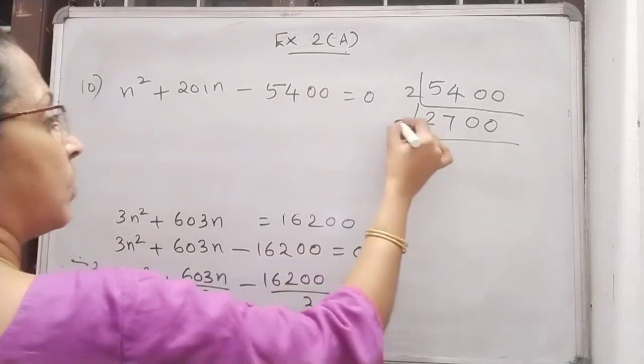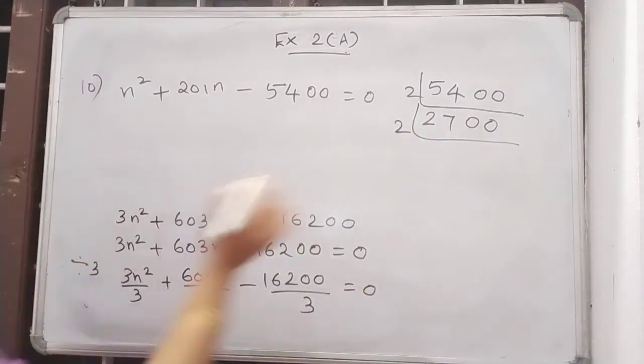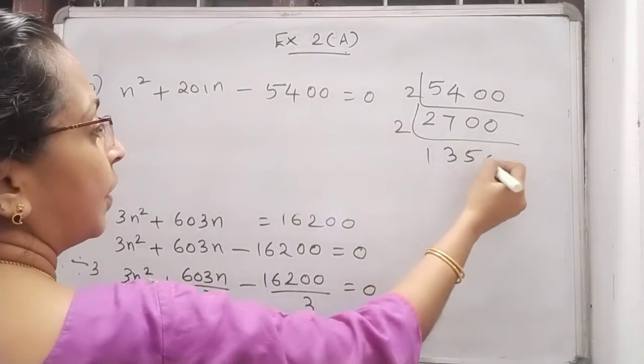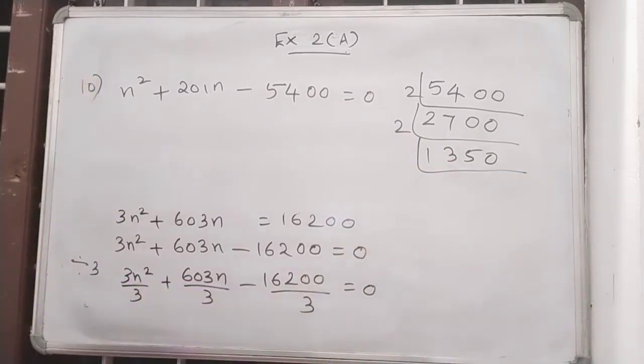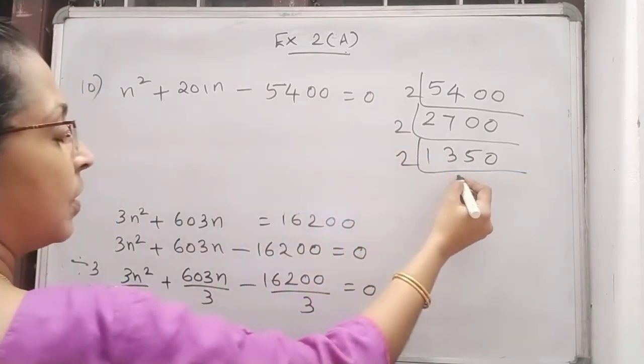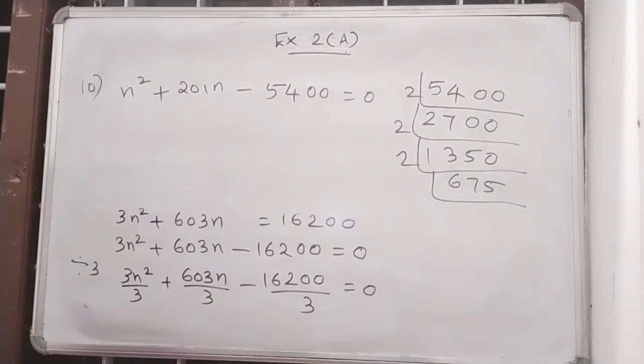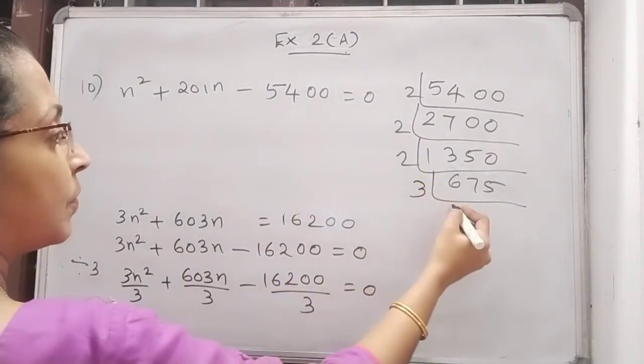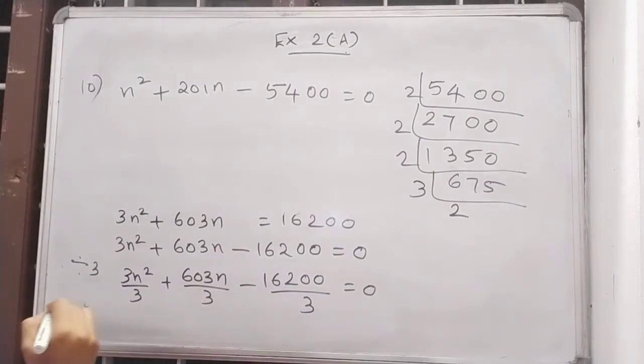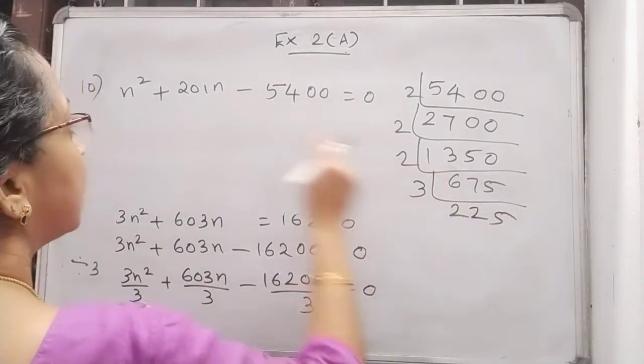Again 2 is possible, 1350. Then next, which one is possible? Again 2 is possible, 675. Then 675 is divisible by 3, 225. So we can stop here.